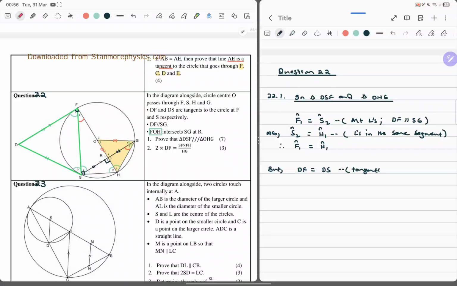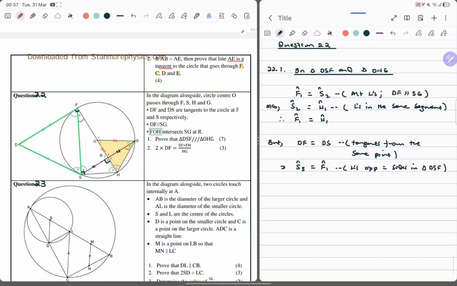These are tangents from the same point, right? So this implies that S3 is going to be equal to F1, which makes it angles opposite equal sides in triangle DSF. Okay, right. What are we going to say?